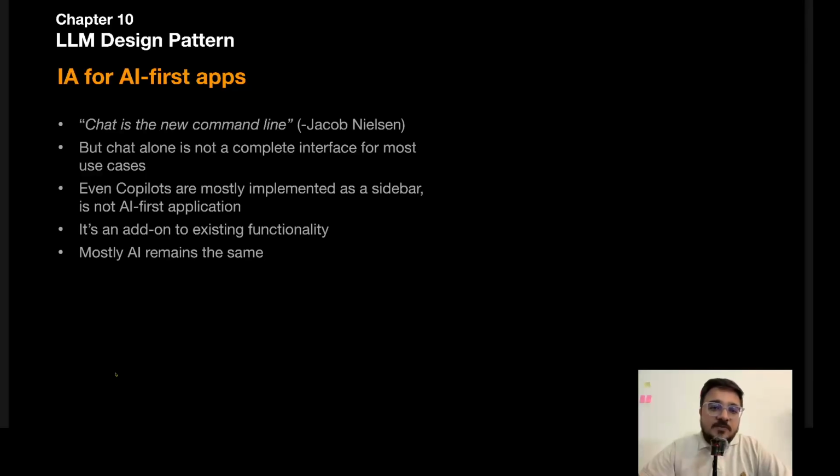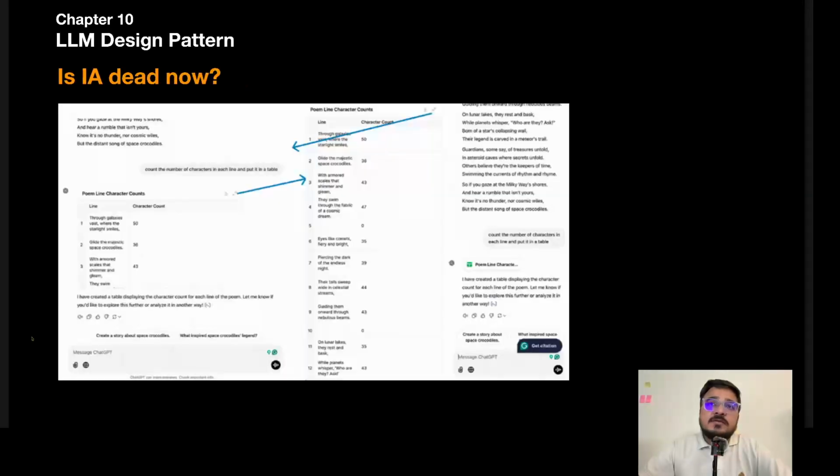Even copilots are mostly implemented as a sidebar, so it's not like an AI first application. It's just an add-on to existing functionality, and most of the information architecture remains the same in most such apps.